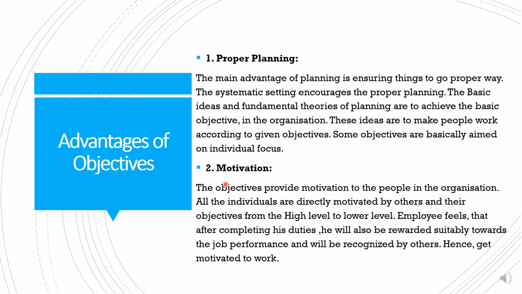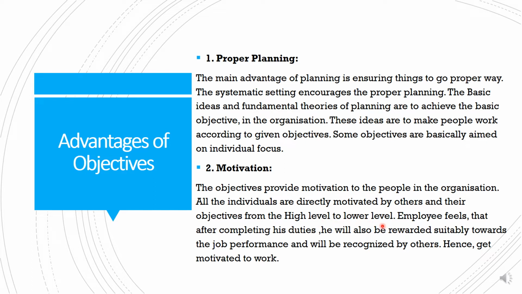The motivation part. Employees feel very motivated if they know they have concrete objectives to pursue. So these objectives provide motivation to the people in the organization. All the individuals are directly motivated by others and their objectives, from the high level to the low level.